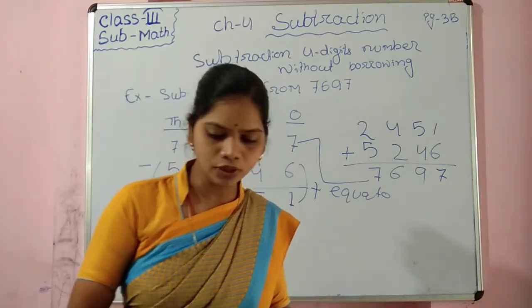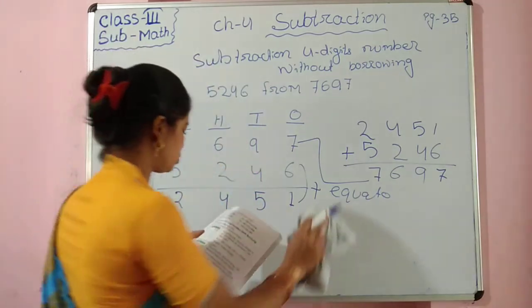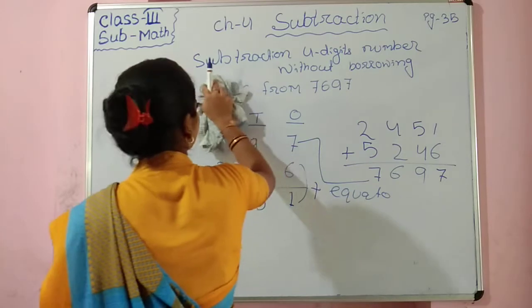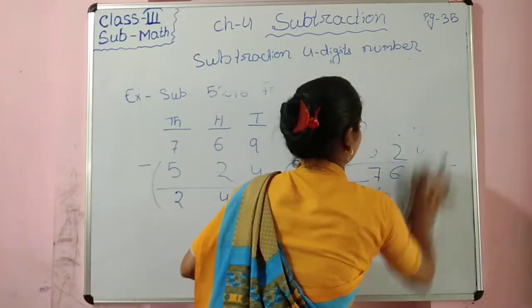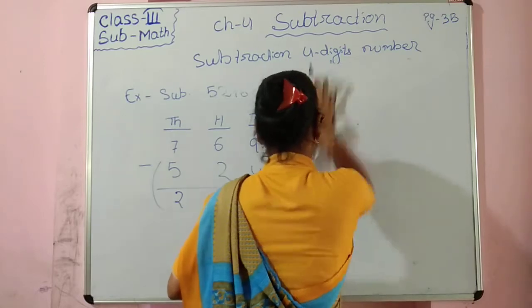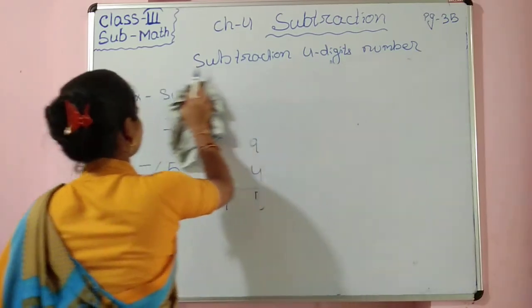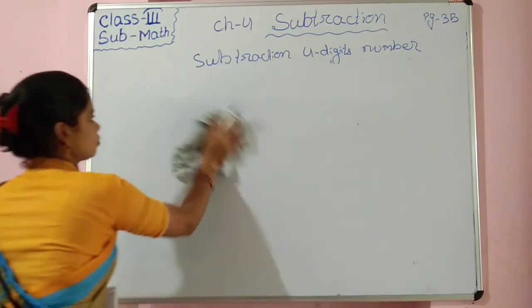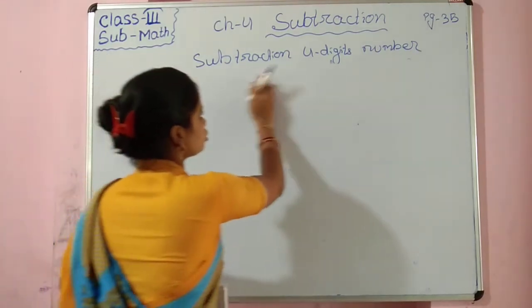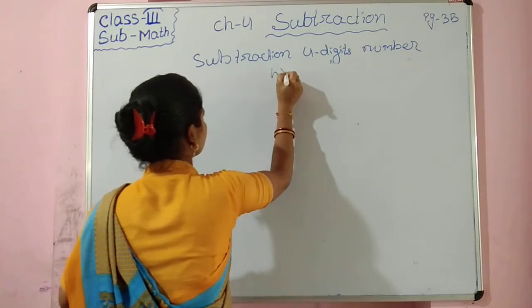Now we subtract with borrowing. Look, subtraction of 4-digit numbers with borrowing.